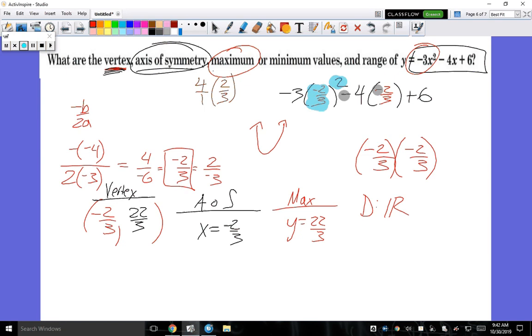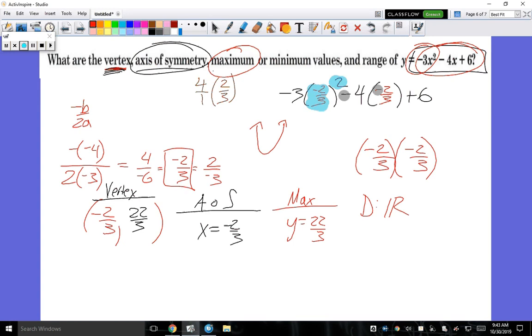The biggest part that it's all real numbers is on this equation, I never divide by what? 0. There's nothing ever over 0. So that's why the domain for this one would be all real numbers. Now, just because it doesn't divide by 0 doesn't mean that they're all going to be all real numbers. We're going to learn other pieces, but I want to get those in your brains right now.